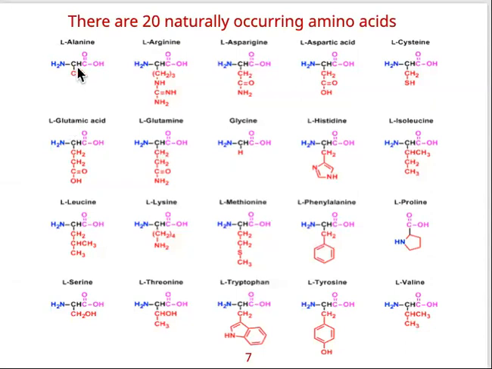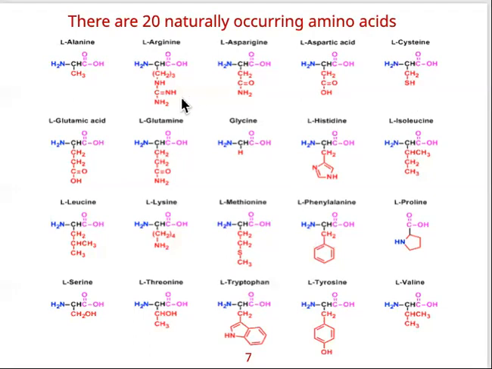And definitely take a look at the names of these amino acids, and you'll be able to recognize these terms as amino acids. Alanine, arginine, asparagine, aspartic acid, sometimes also called aspartate. There's cysteine, which is actually an amino acid that contains sulfur.